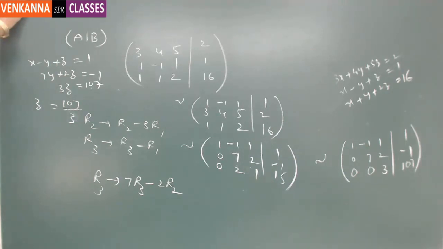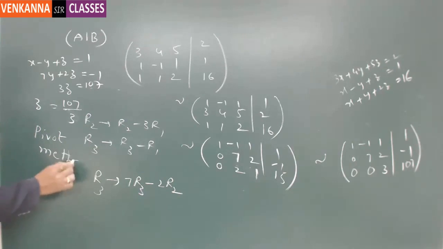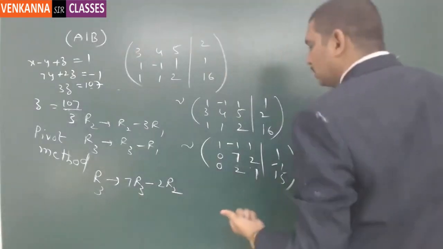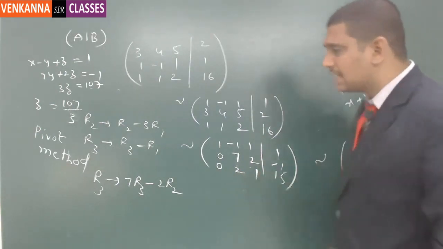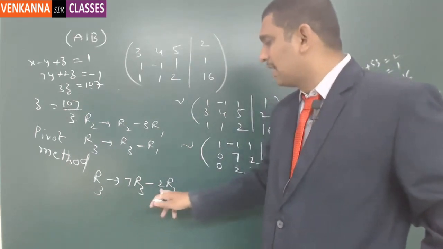But here we need to consider one thing, that the majority of the students will write the row operations like this. Gauss elimination is also known as the pivot method. It means that while applying a row operation, we always use the pivot. What is meant by pivot? If you want to make this value 0, you have applied the operation R3 tends to 7R3 minus 2R2.